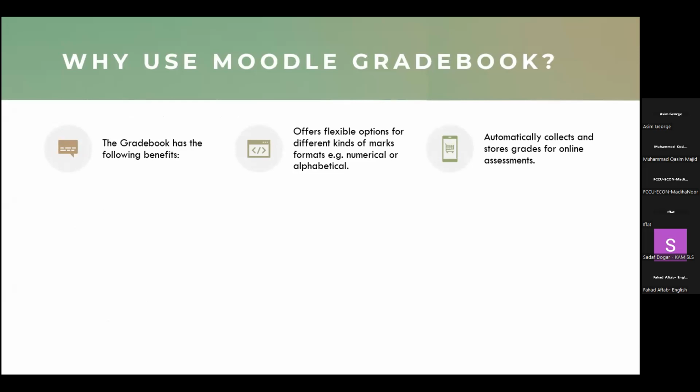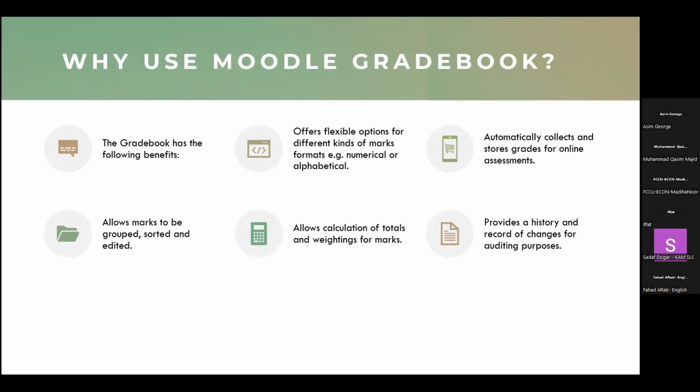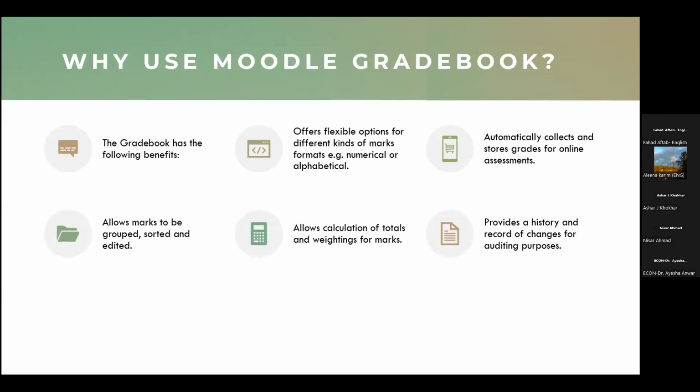It automatically collects all the marks and grading items from your course page and adds them into your gradebook. It allows marks to be grouped, sorted and edited as well. And it allows calculation of totals, weighting of the marks, and it takes care of everything. You do not have to do the laborious task of adding up marks.